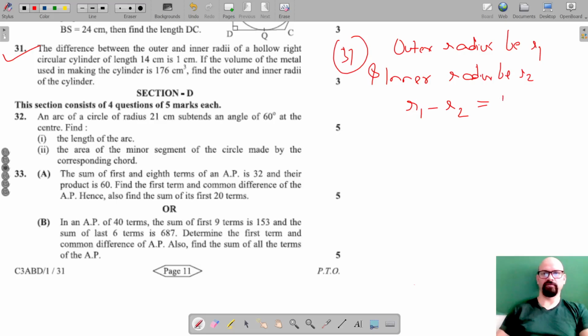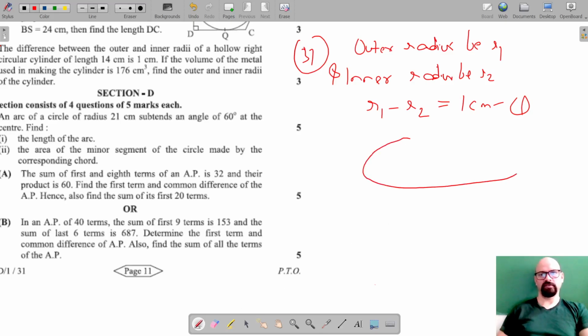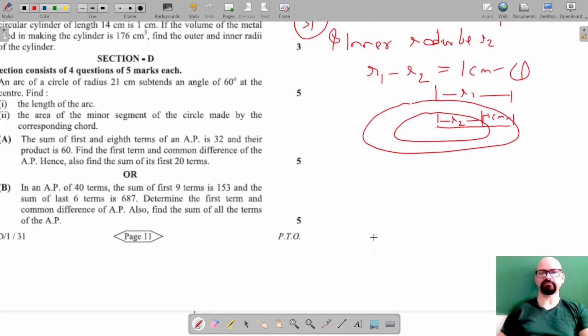So this is definitely the first equation. Let's try to understand this question. It's given that this is the cylinder with the inner and the outer radii. This is the outer radius R1, this is the inner radius R2, and the difference between them is 1 centimeter.